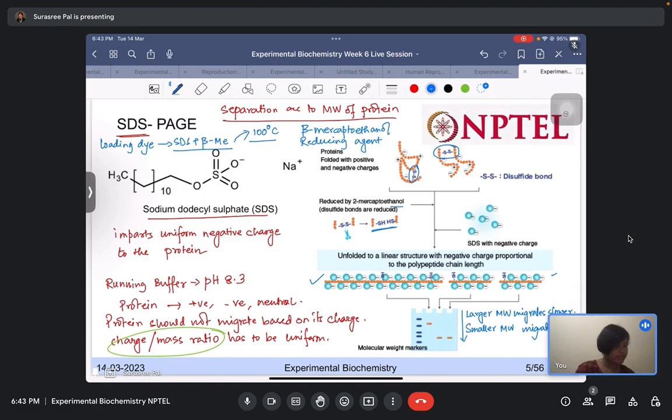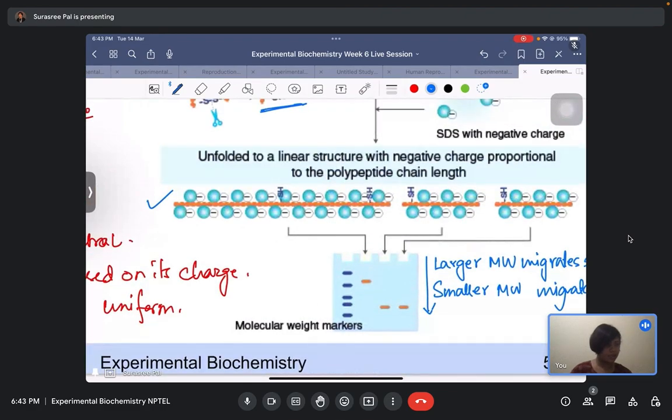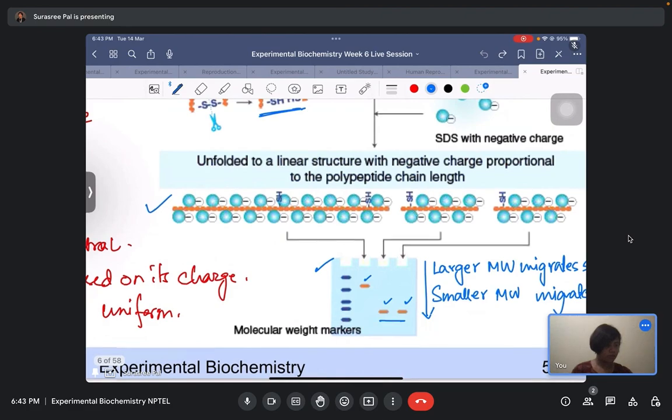If I zoom in on this particular gel image, it's a representative image. Here we can see there are 3 samples, and these 2 protein bands have migrated more than this particular band. If we name them 1, 2 and 3, we can see that 2 and 3 have migrated more than 1.